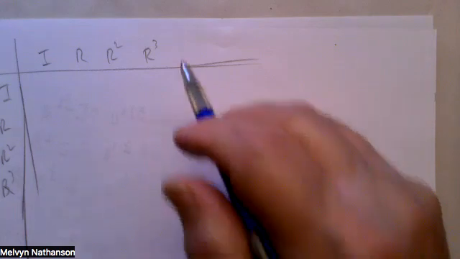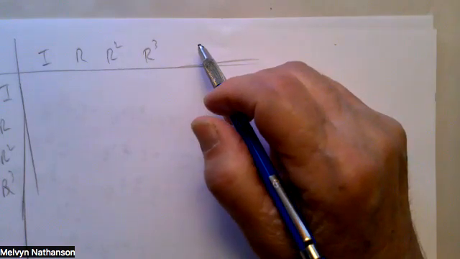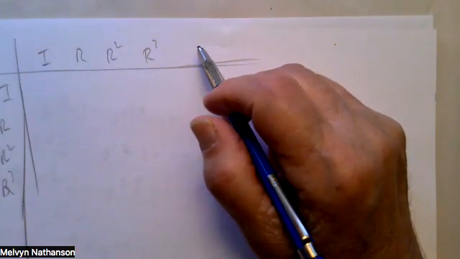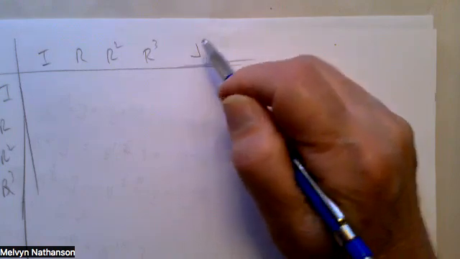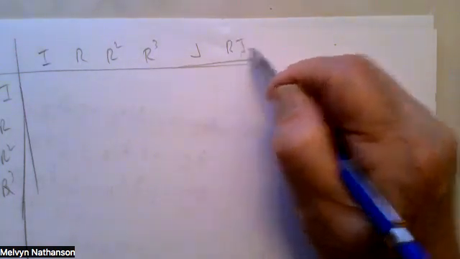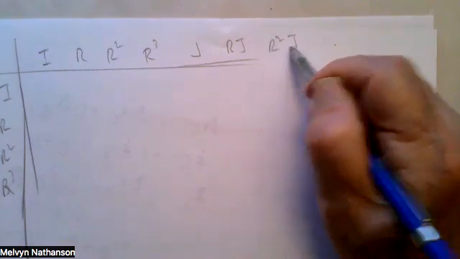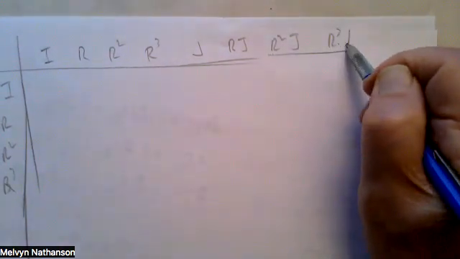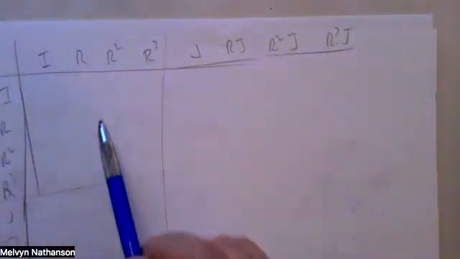And we also have J, Rj, r squared j, and r cubed j. Now, these are just rotations.